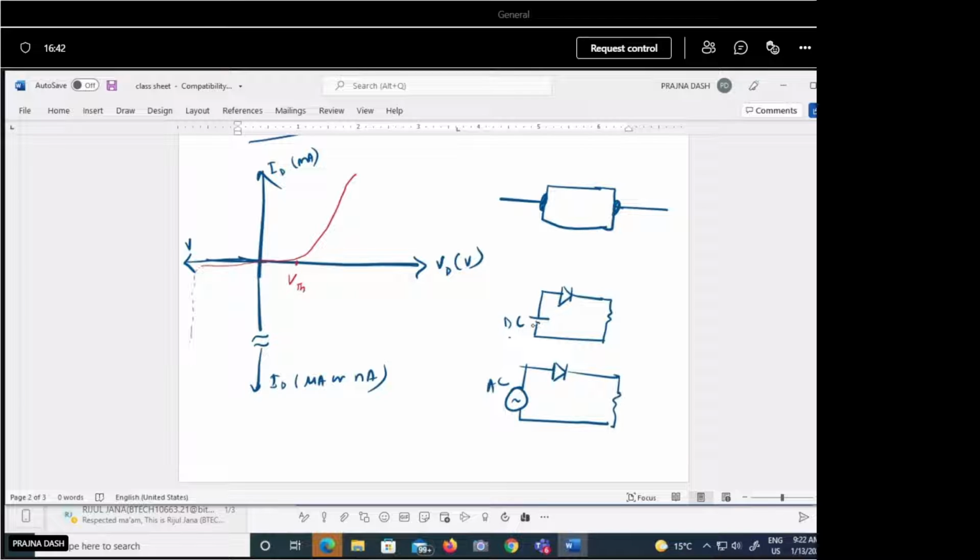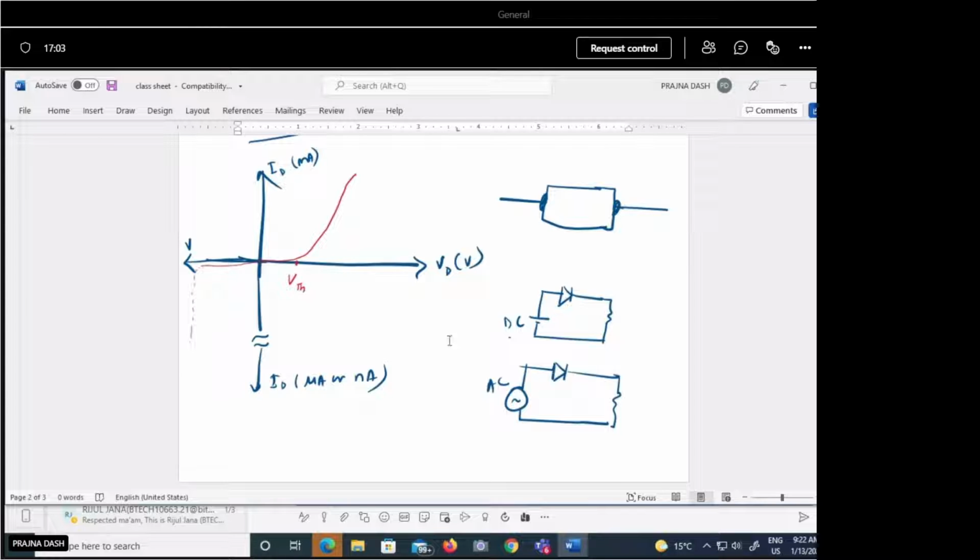When we apply a DC voltage, a fixed voltage, the resistance offered by the diode and the voltage drop across the diode may be different. And when we apply an AC voltage to the diode, in that case the resistance is different.